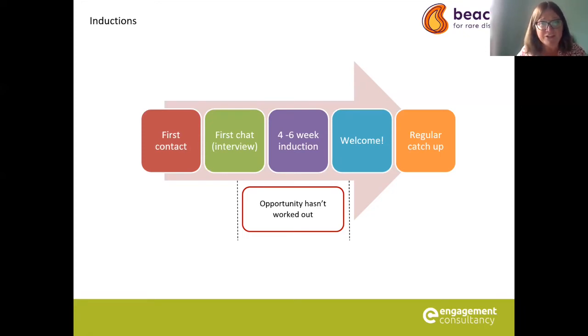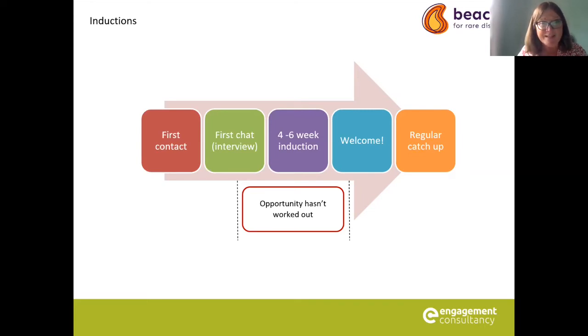So thinking about how it actually looks in practice, if you have an events volunteer and it's a one-off event, that first contact and first chat might be merged. You contact somebody and say, would you like to pop in and we'll have a quick chat about what the role involves, and go from there. You talk through the date that you require people, what they're going to be doing, how it's all going to work.